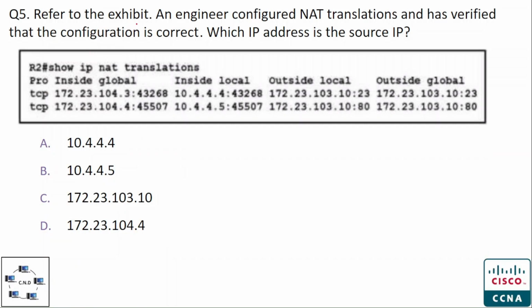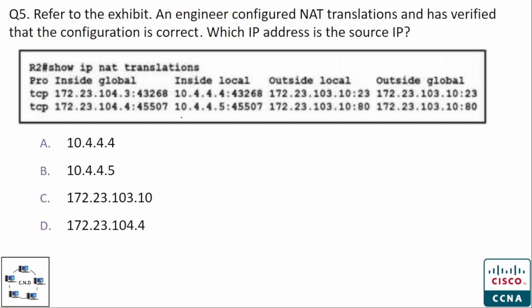Question number 5, refer to the exhibit. An engineer configured NAT, that is network address translation, and has verified that the configuration is correct. Which IP address is the source IP? So we have this configuration, show ip nat translations, and here we can see the translation of the inside global, inside local, outside local and outside global.